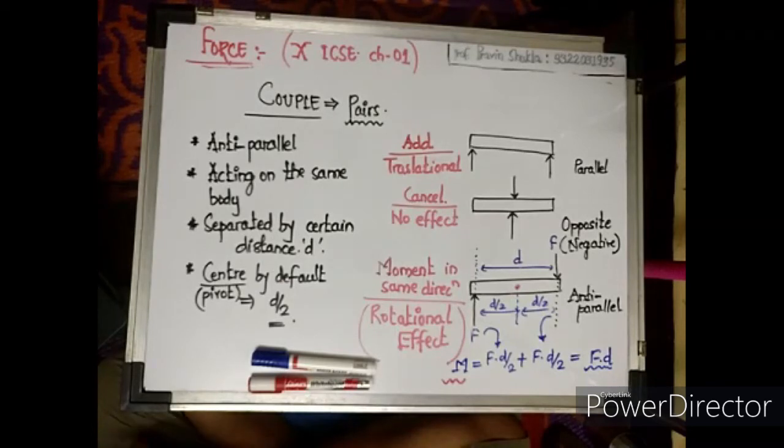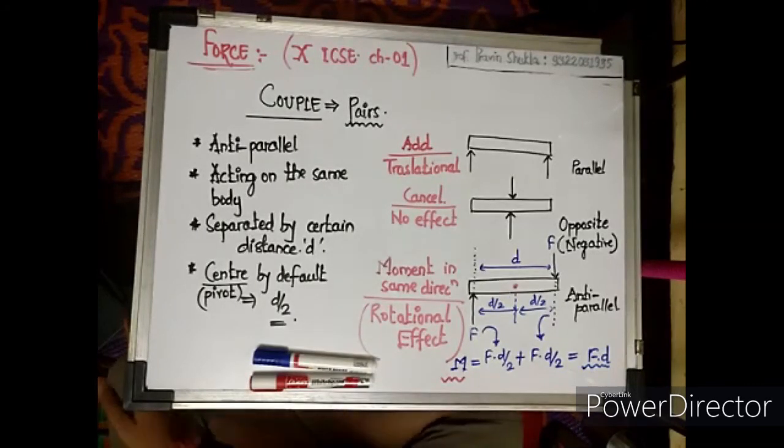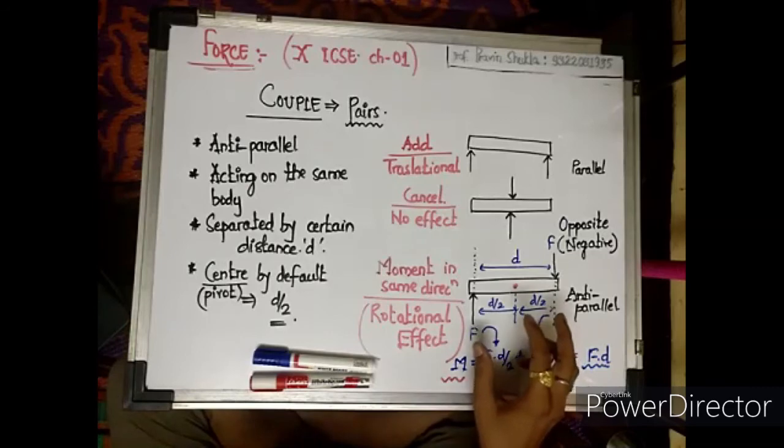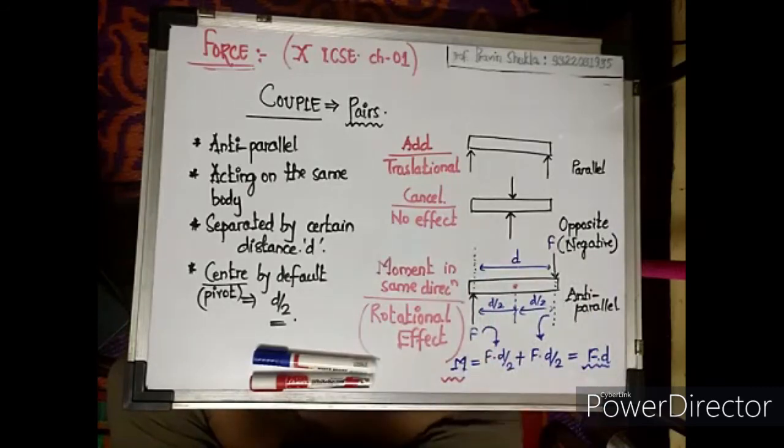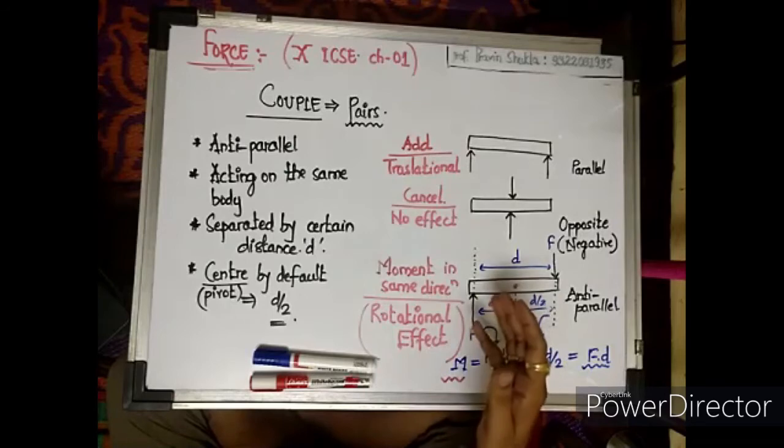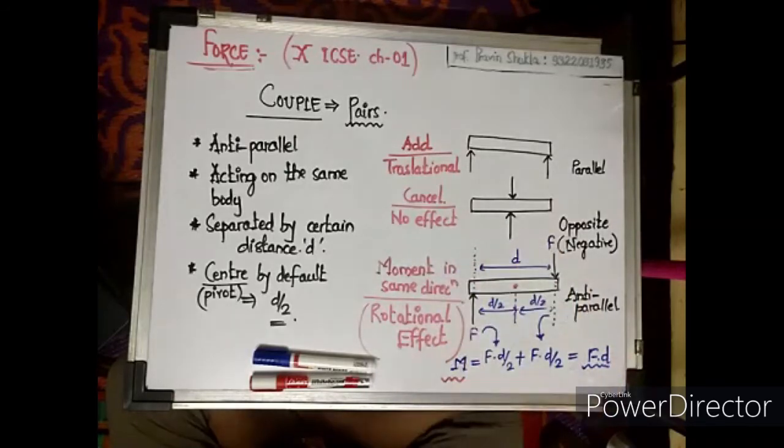Are you sure? Everybody, please take your time and tell me what exactly is going to be the scene. So it means instead of this couple, we should apply a normal force, because the same force is creating a greater moment than that of the normal couple, right or not? Yes.